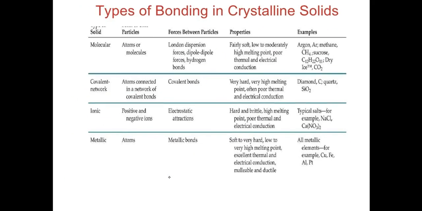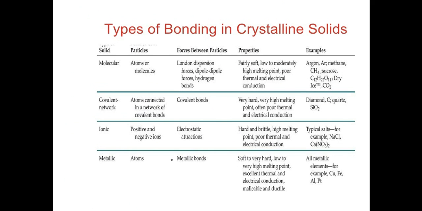Now we will discuss, on the basis of bonding, a crystalline solid may be of the following four types. First, the molecular solid. Molecular solids constitute atoms as well as molecules. They possess three types of forces of attraction: first, London dispersion, second, dipole-dipole interaction, and third, hydrogen bonding.